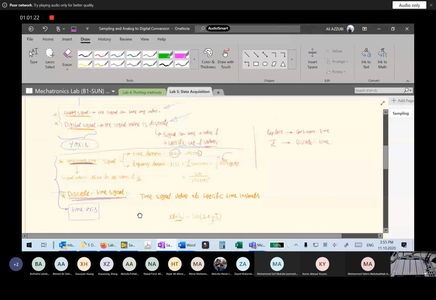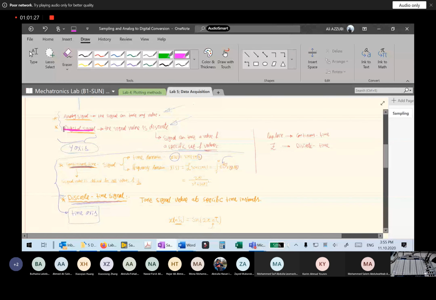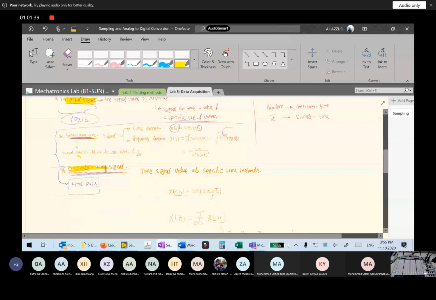The analog to digital will do two things. It will make the signal digital and discrete time at the same time, both of them. Why discrete time?